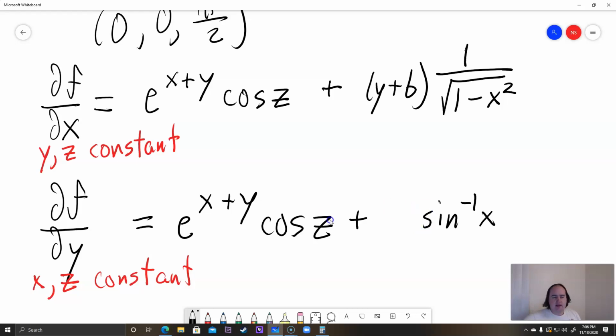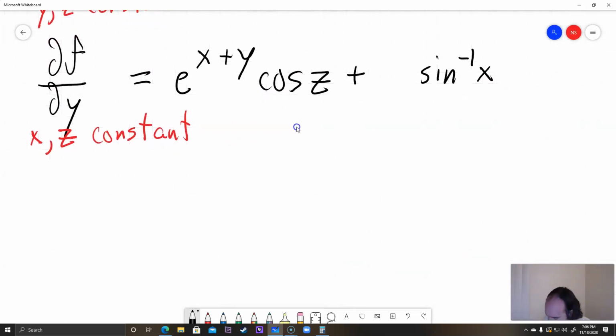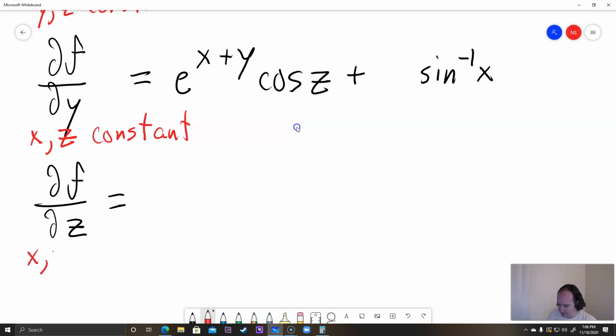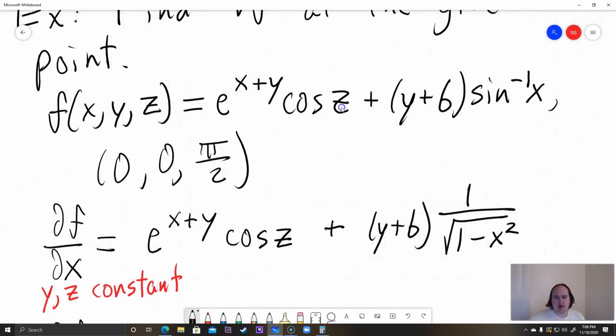And then our last derivative that we need to calculate is partial f, partial z. So let's do that one. For this one, once again, the other variables are constant for a partial derivative. So here, x and y are constant. Let's start with the e to the x plus y cosine of z.